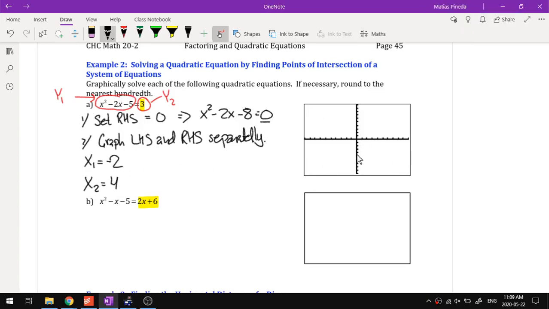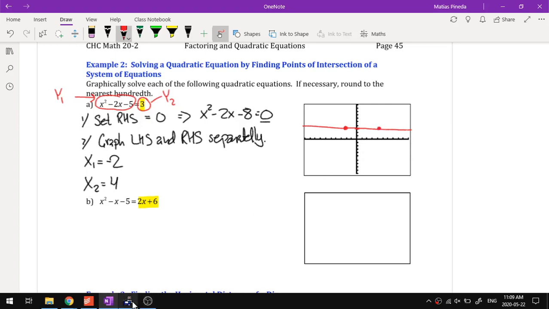Then they also want us to graph it. I'm going to put in my y2 first. The y2 was a horizontal line going through y equals 3, so right there. Then my roots were negative 2, where it's crossing this horizontal line, and positive 4, 1, 2, 3, 4 over here.